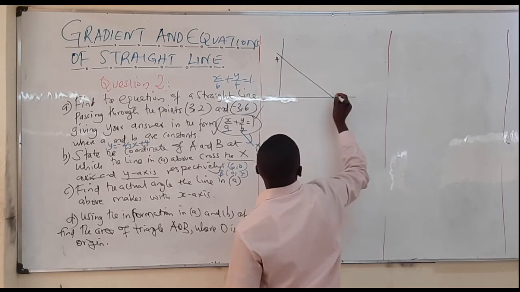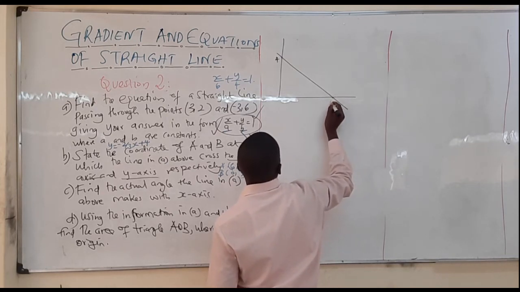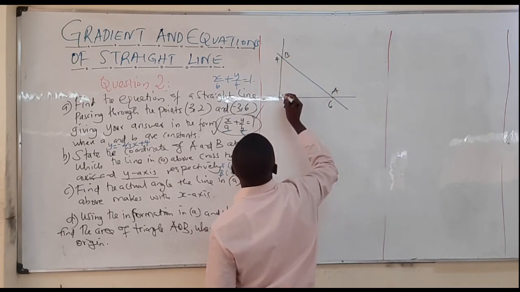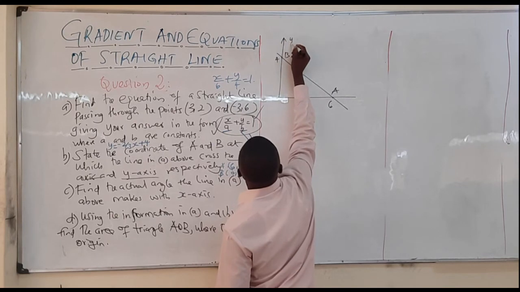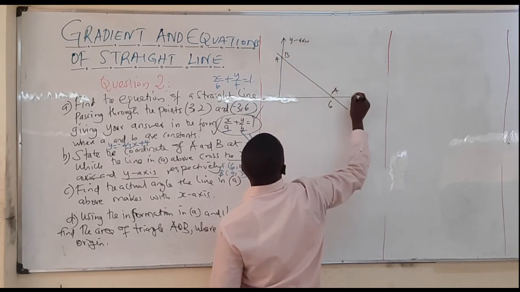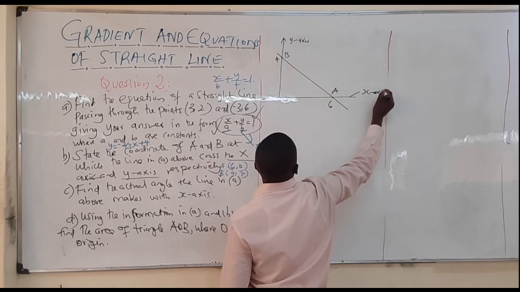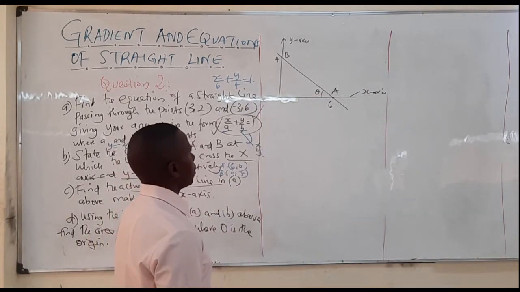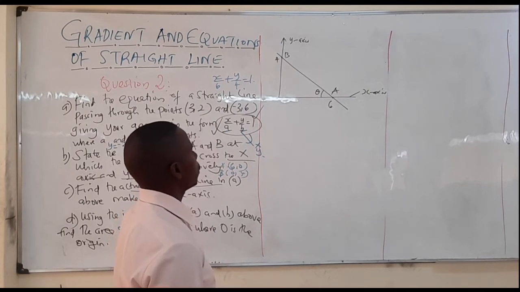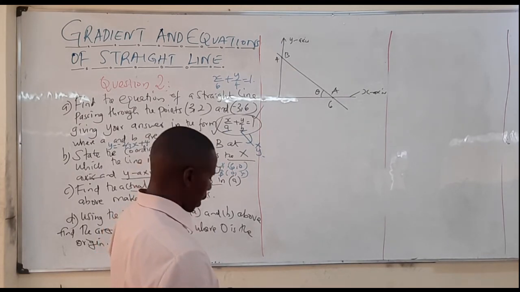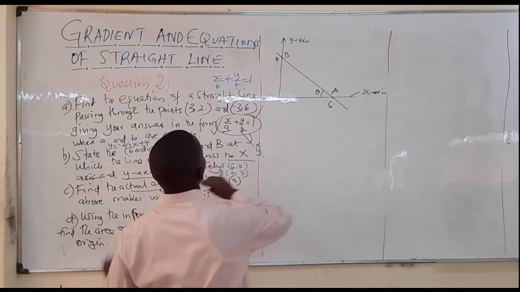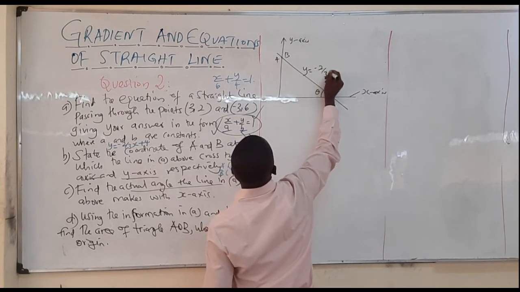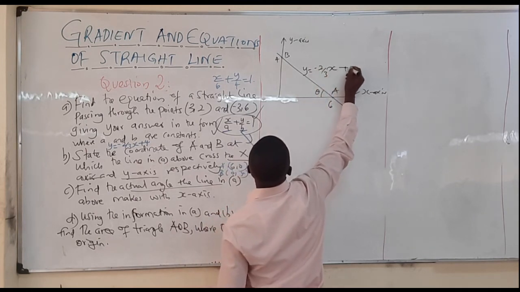On the x-axis, we found 6, so that is point A, and then point B here, and this is the y-axis, and this is the x-axis. Now, how do we get that angle? We are basically going to use our equation of the line, which was in the form y equals mx plus c. We had y equals minus 2 by 3x plus 4.